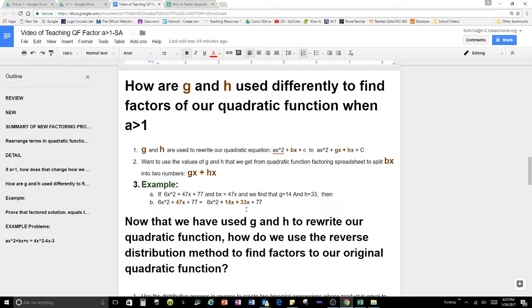The reason we're doing this is because we need to rewrite or regroup this equation, putting parentheses around two different parts of it, so that we can use the reverse distributive process to give us our answer. So let's go see how we do this.